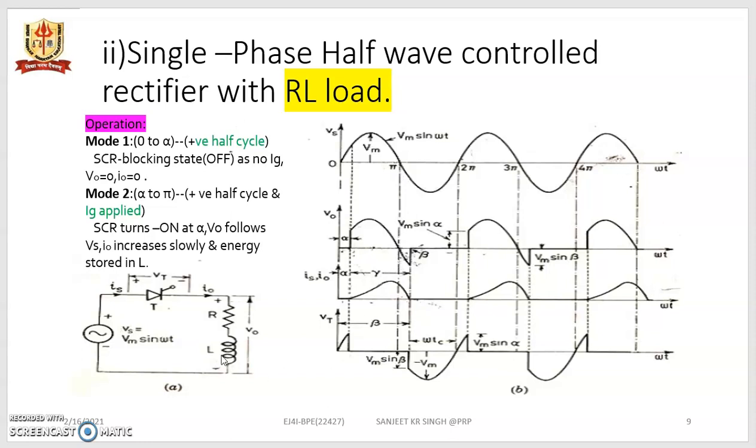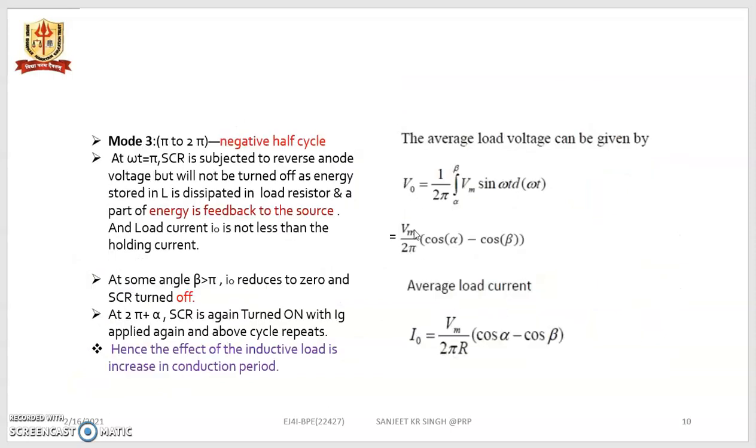This is due to the energy stored in the inductor that forces the thyristor to remain on, and it will dissipate the energy and then get turned off. So at this beta it is turning off. The SCR is turned off, and the reverse voltage, minus Vm peak value, gets applied across the reverse biased SCR and the cycle repeats.